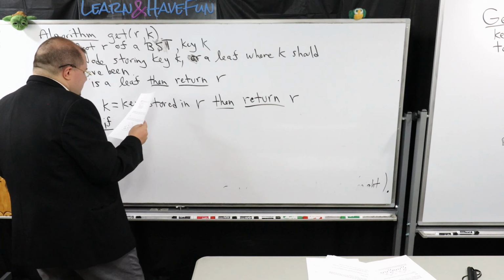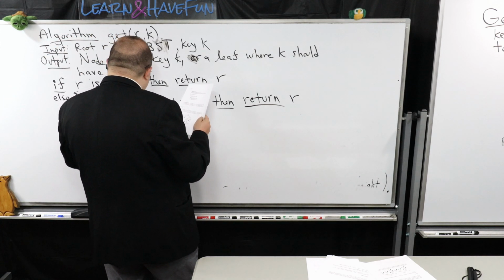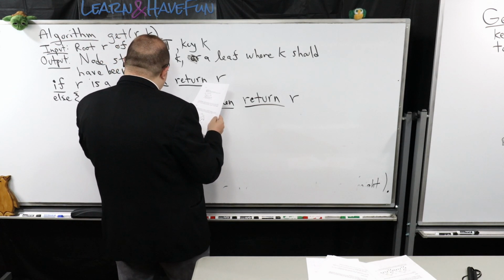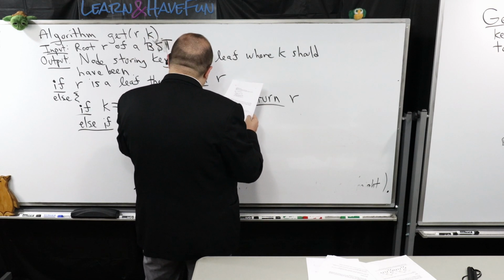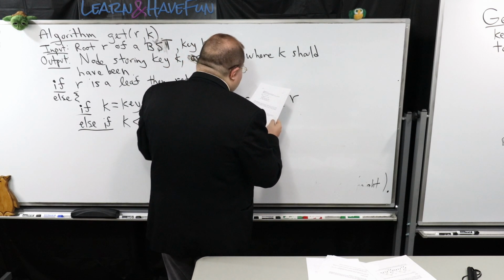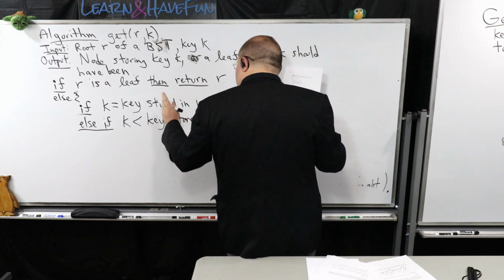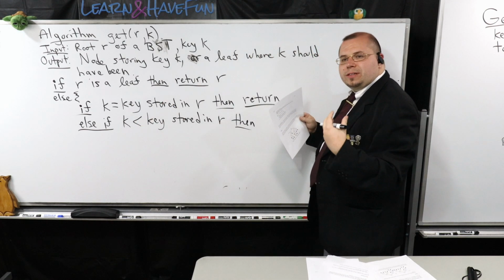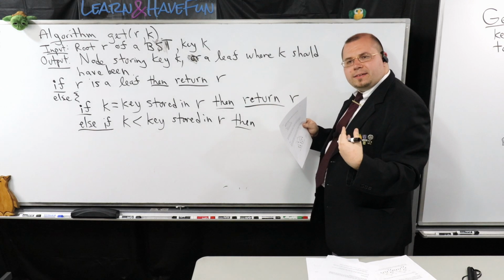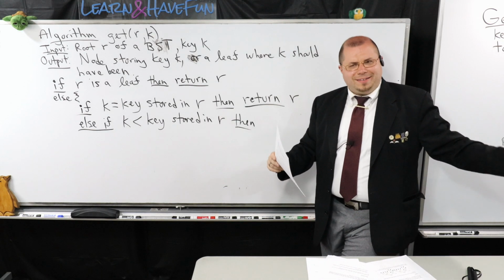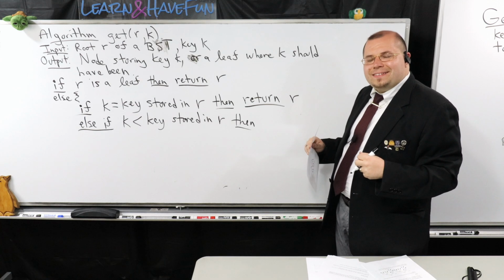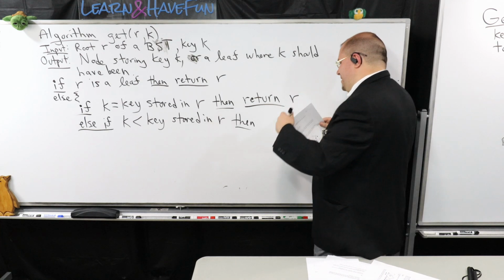Else if K is less than the key stored in R, should I go left or right? If K is less than the key that I'm currently examining, should I go left or right? Left, yeah, exactly.